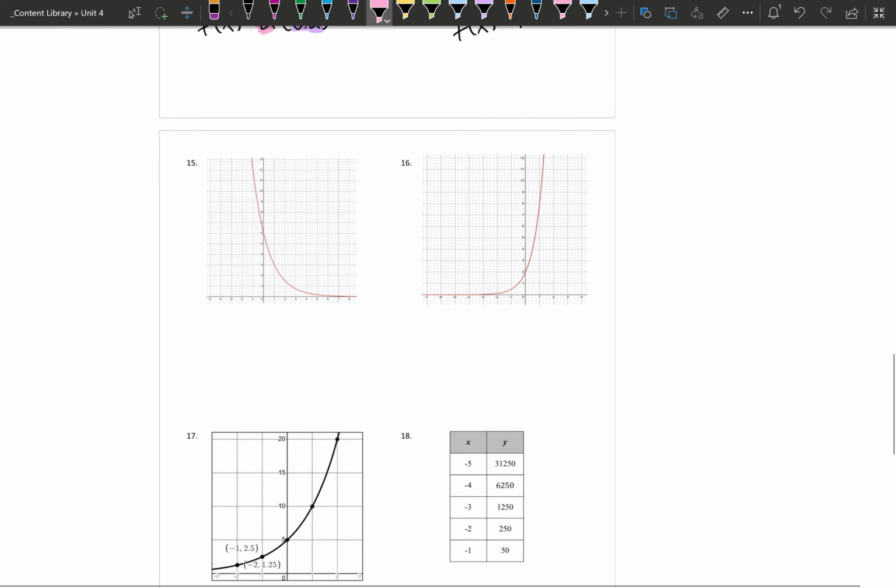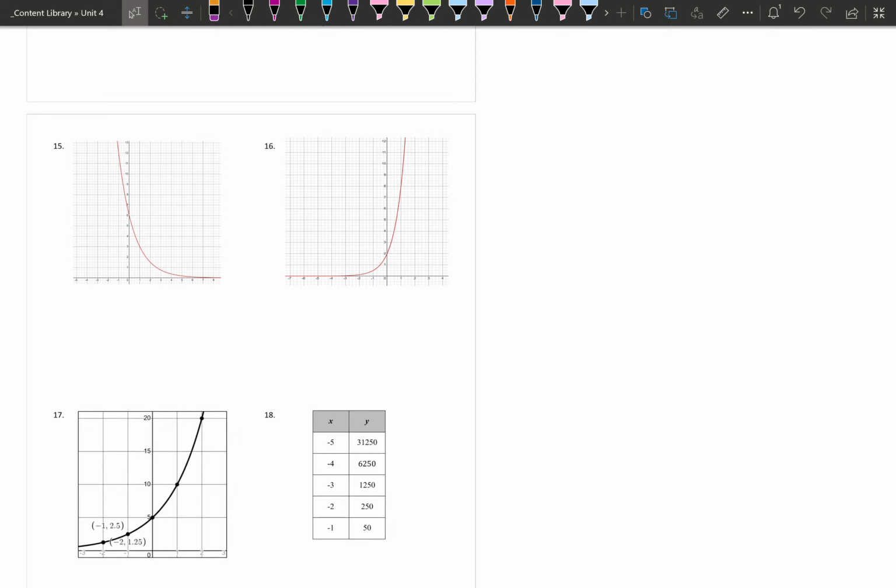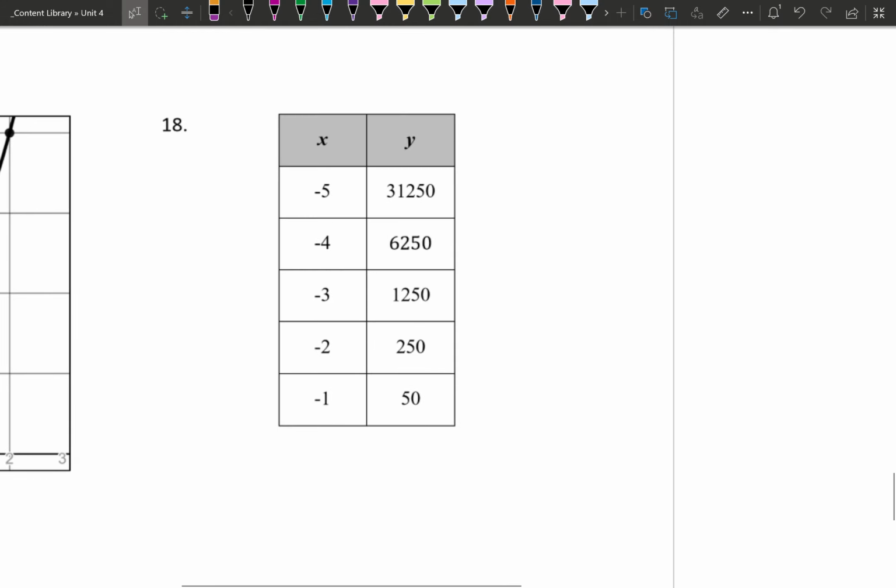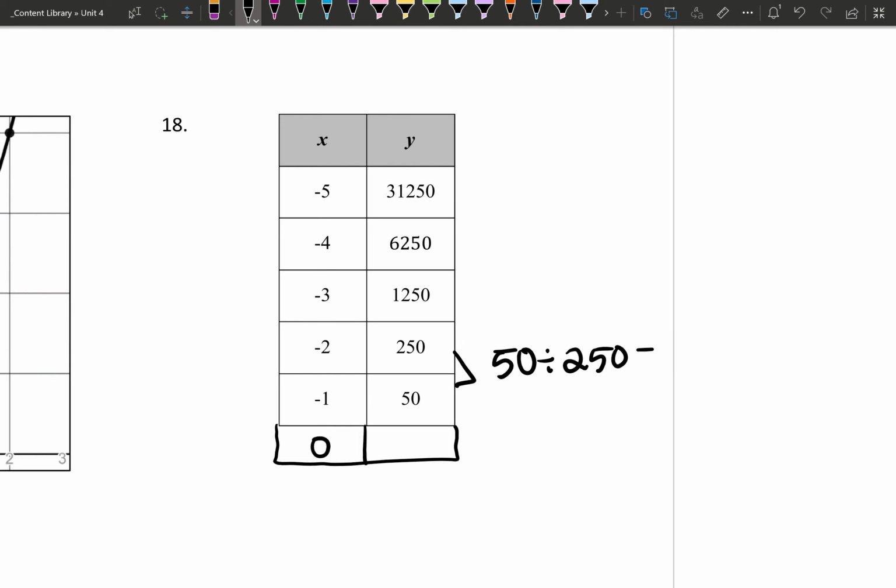Ooh, you know what? I want to do 18 next because it's also a table. I want to do the tables first. All right. Number 18 is similar, though, to the one we just did. We are so close to that y-intercept. We need the 0 right here. So let's find the pattern, and then we could follow the pattern because it's coming up next. We don't have to go backwards. All right, so to find the pattern, I'm going to do 50 divided by 250. So 50 divided by 250 is 1/5.